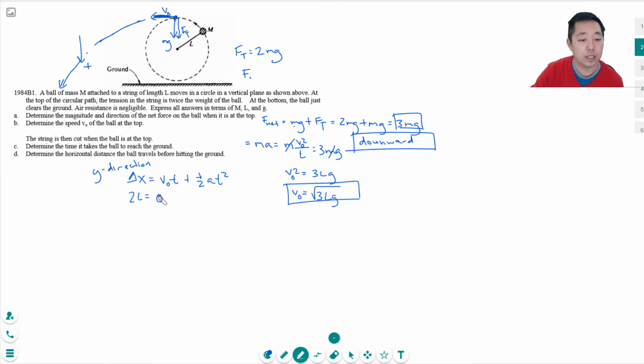So 2L is equal to v naught t, which has 0 initial velocity in the y direction, plus 1/2 a t squared. A is pointing downward at 9.8, so it's positive g. Positive is down.